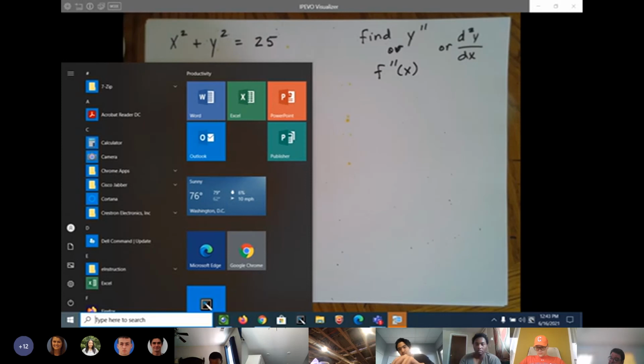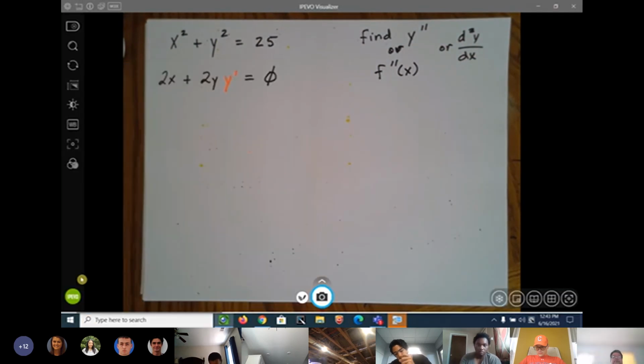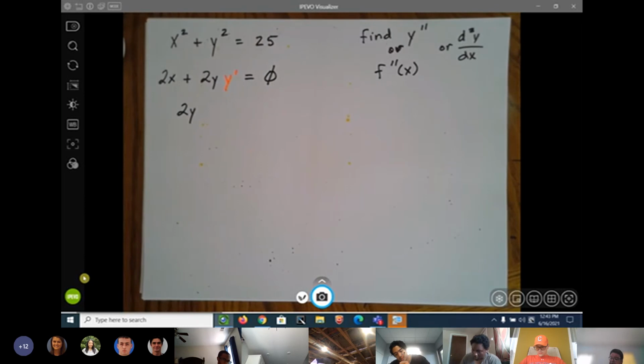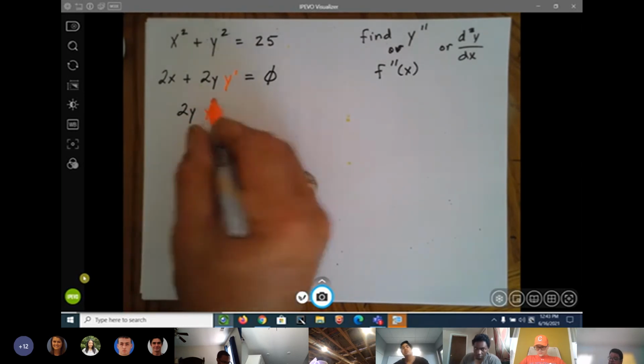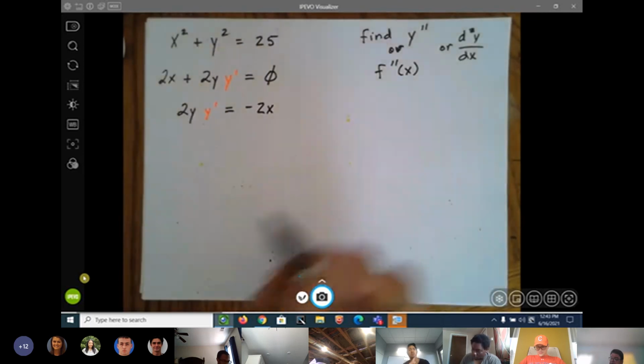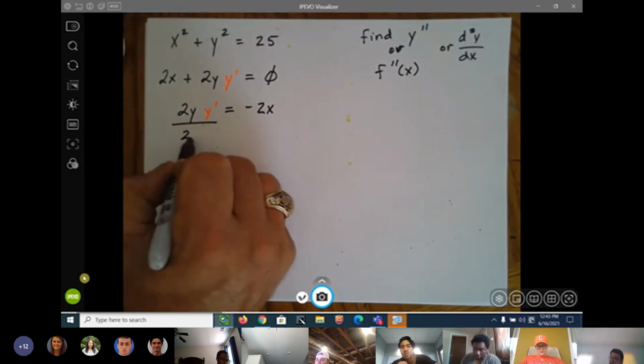2x plus 2y times y prime is equal to 0. And 2y times y prime is equal to negative 2x.